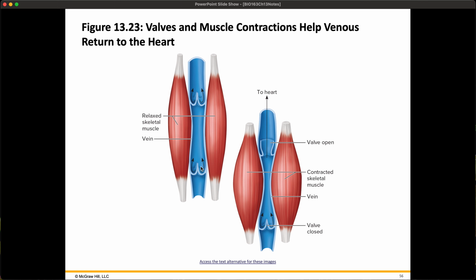You can see the valves are closed. Nothing's really happening. Blood's hanging out here. But now the muscle contracts. It increases this pressure. And because these valves can't open downward, they can only open upward, they return blood back to the heart by compressing in these little sections. That's what veins have all along them in intervals. They have these one-way valves that allow blood to constantly push back up towards the heart.